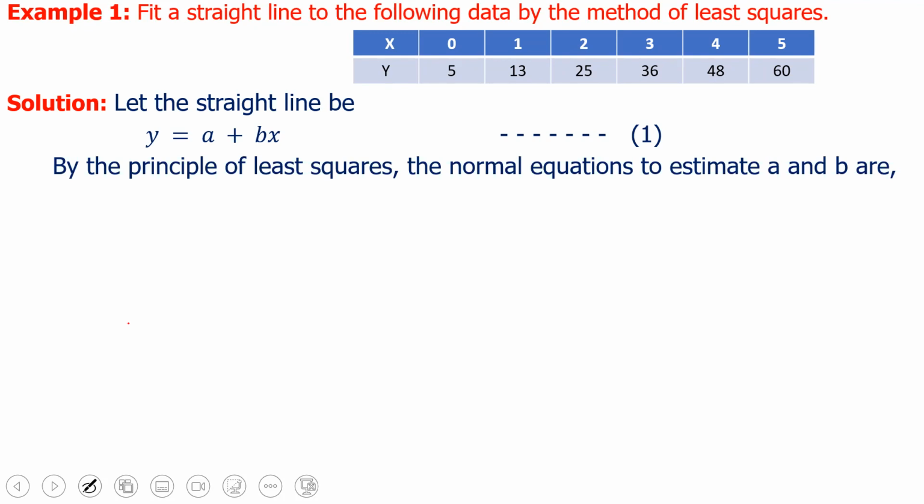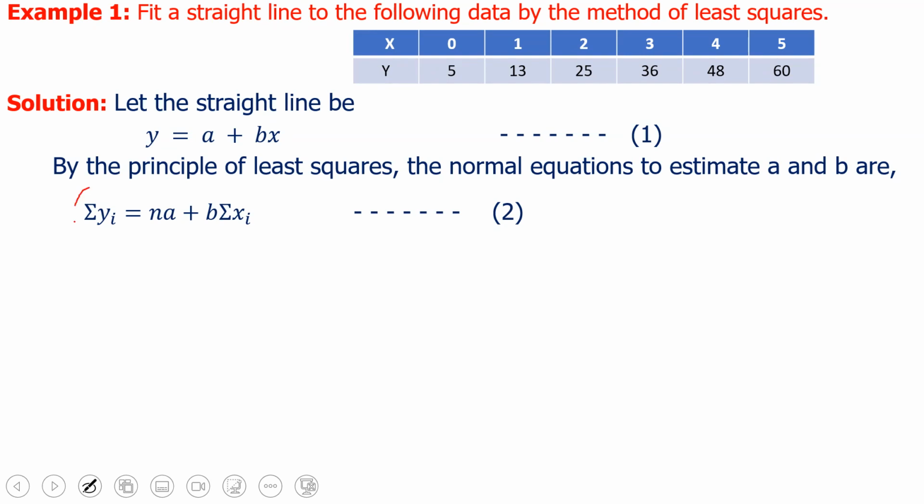Now, by the principle of least squares, the normal equations to estimate a and b are, what are the normal equations? We have to learn these normal equations, because if we do not remember them, then we have to prove them again from the beginning. So this is the best practice, that we learn these equations.